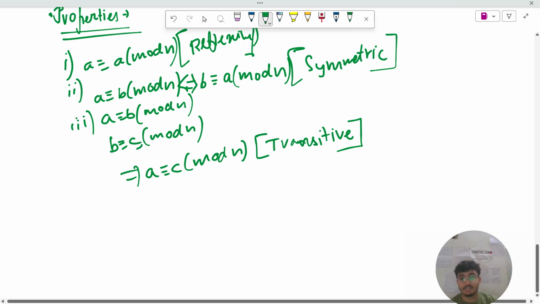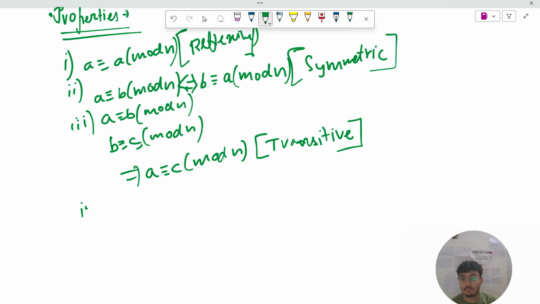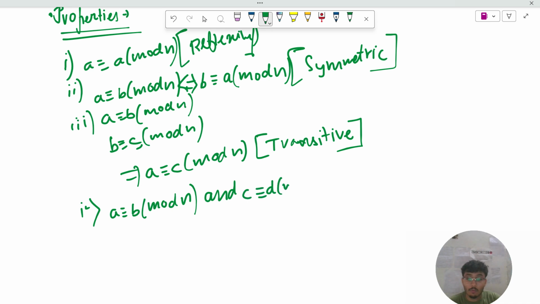Now some more properties. If A is congruent to B mod n and also C is congruent to D mod n, then we have some recurrence properties, that is, some properties based on only these two statements.